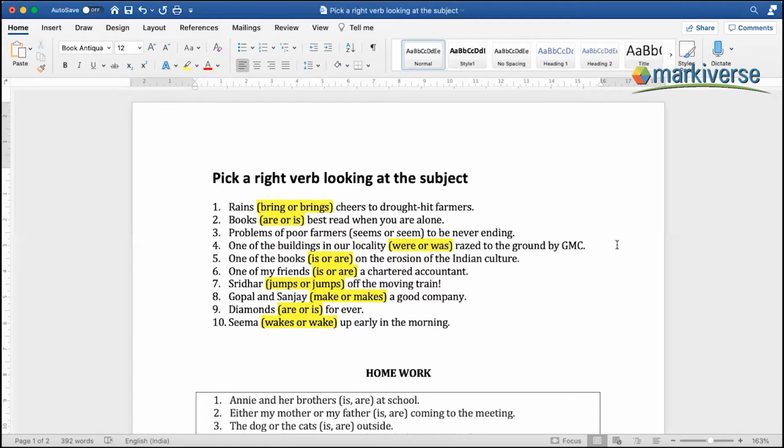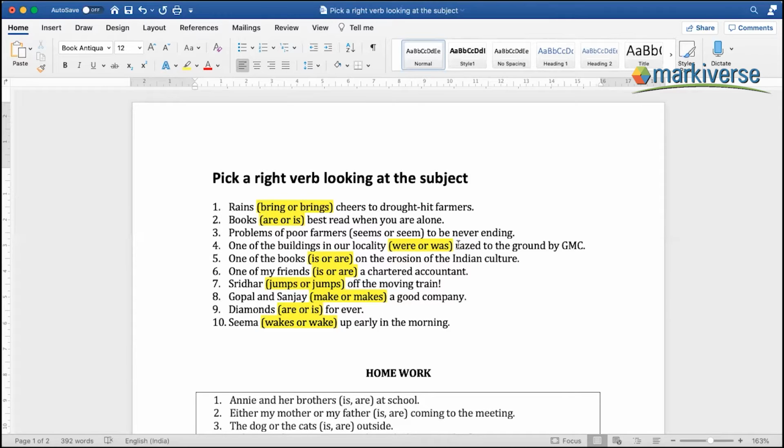Unless you understand the singular verb, singular noun, plural verb, and plural noun, you will not be able to marry them. And it is very important in any simple sentence that you marry the singular verb with the singular subject, plural verb with the plural subject.